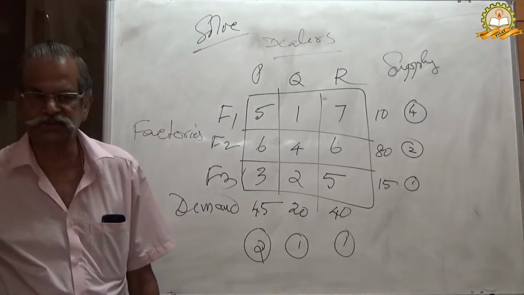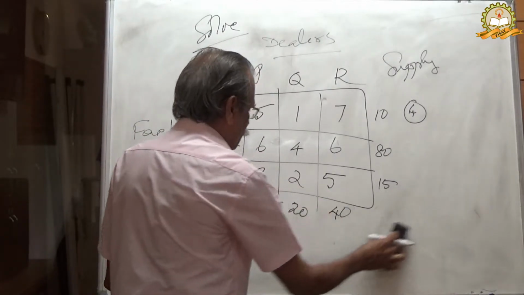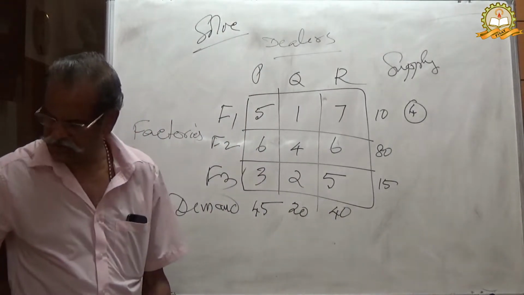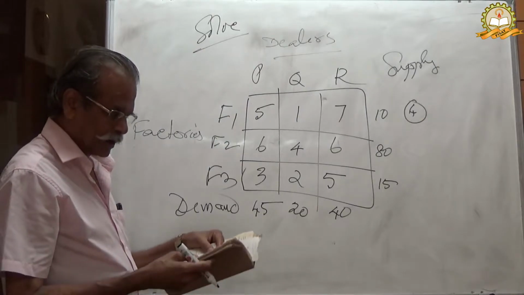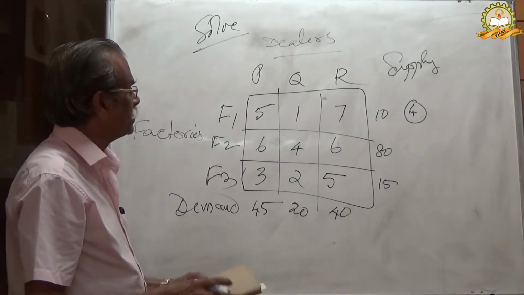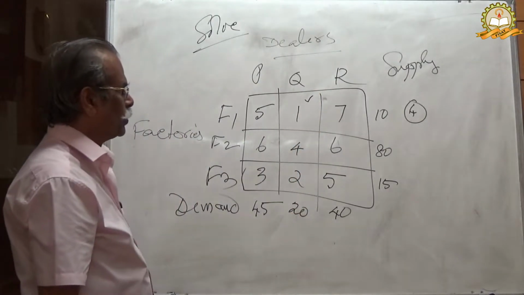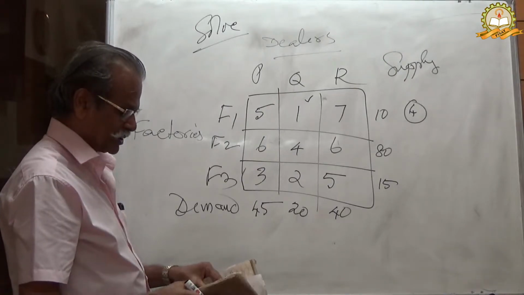Therefore, here we consider the highest penalty, 4, and the lowest cell value is 1. You specify that.